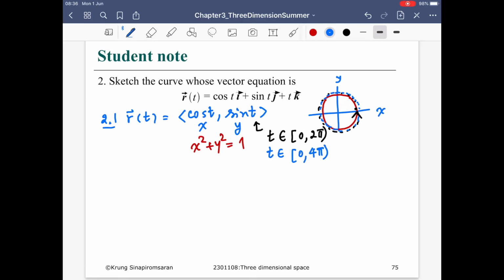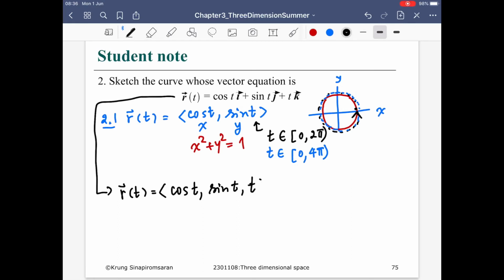Okay. So let us go to this original problem. Your r equals cosine, sine, and then t. So this sine and cosine will generate something like a circle, but your t will elevate each circle.